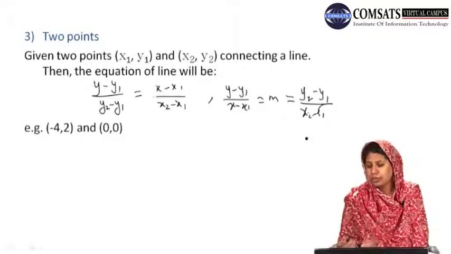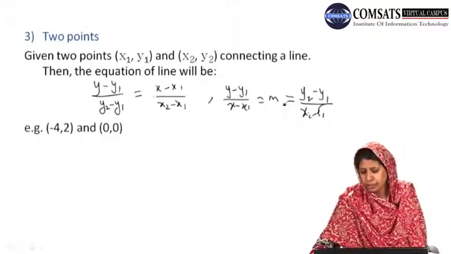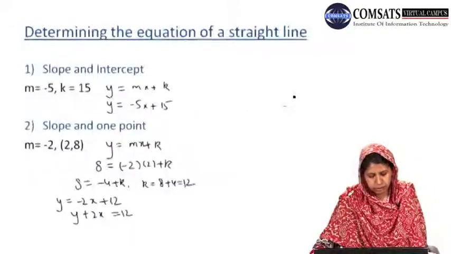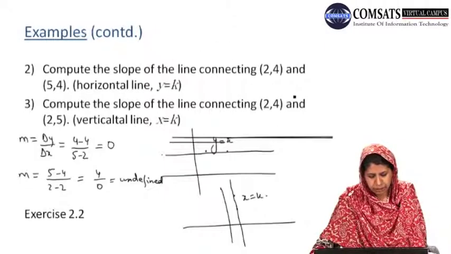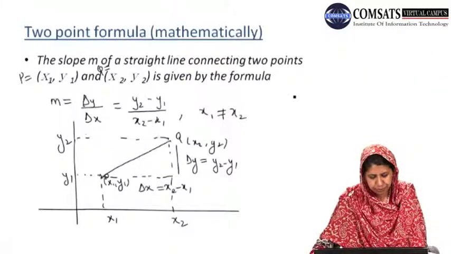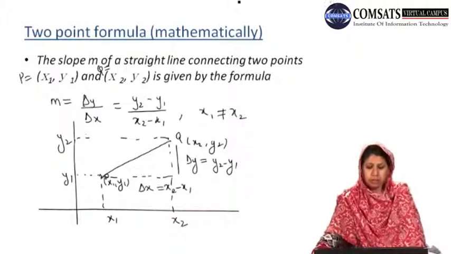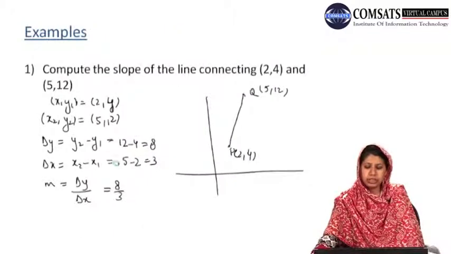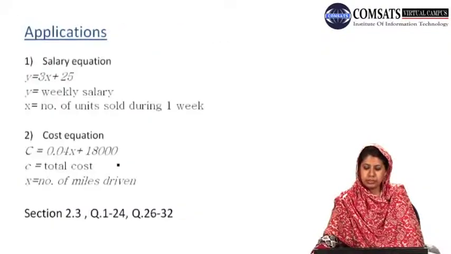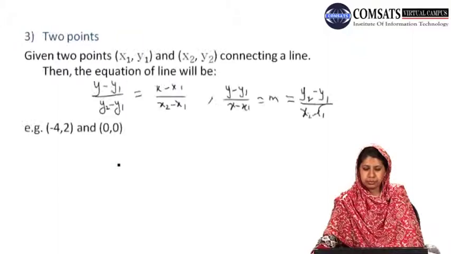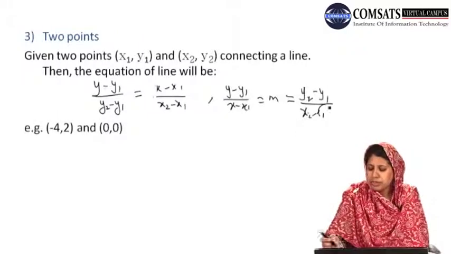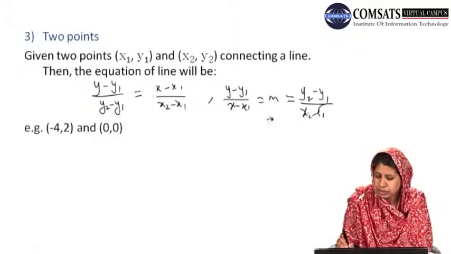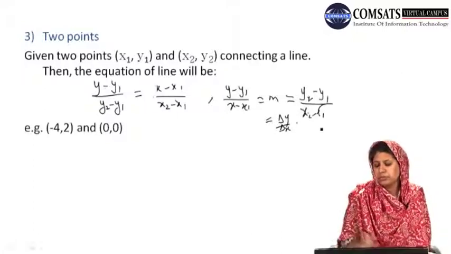And if we recall our initial slides, what did we obtain? Basically, here the slope is just the ratio of change in y over change in x, that is delta y over delta x. So y2 minus y1 over x2 minus x1 is nothing but delta y over delta x.